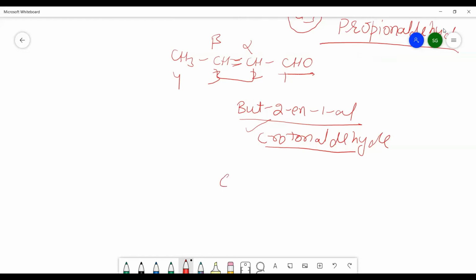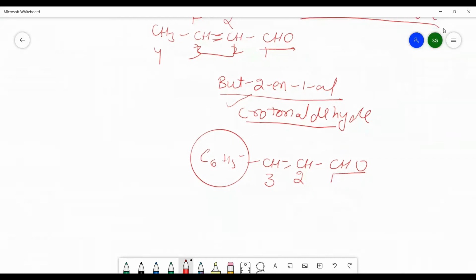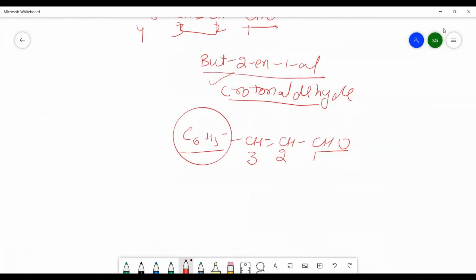Now another one we can take, that is C6H5 CH double bond CH and CHO. Again the CHO will be the principal functional group, so it gets the number 1 position, and the other group becomes the substituent. What will be the nomenclature? If C6H5 is present as a substituent, it is termed phenyl, and it is prop-2-en-1-al.